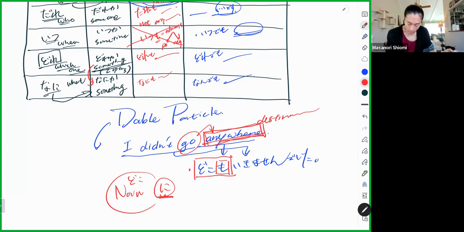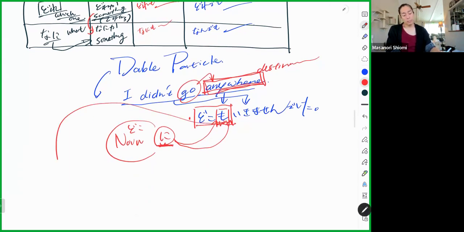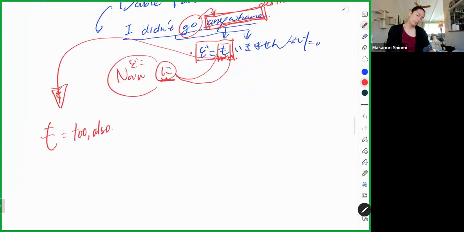That could sound easy, but then we already have this particle. So the question is, are we going to put ni before mo or after mo? This is the question. What do you think? The hint is if you remember how we use the particle mo, which means like too or also, then this is easy.